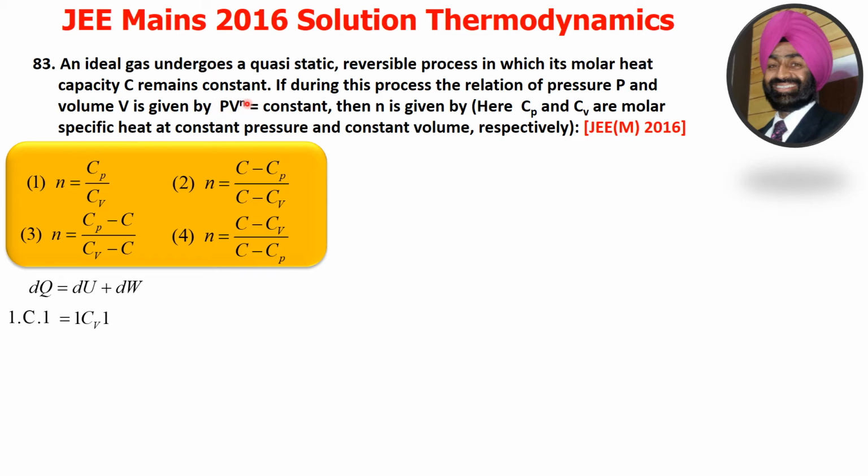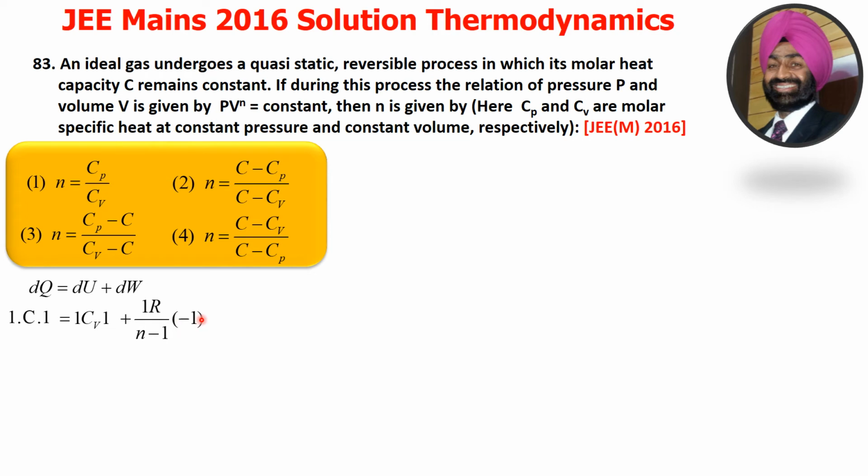So I must write n, that is 1 mole, into R over N minus 1, into T1 minus T2, which you had during an adiabatic process. Since dT stands for change in temperature T2 minus T1, if T2 minus T1 is 1, then T1 minus T2 should be equal to minus 1.